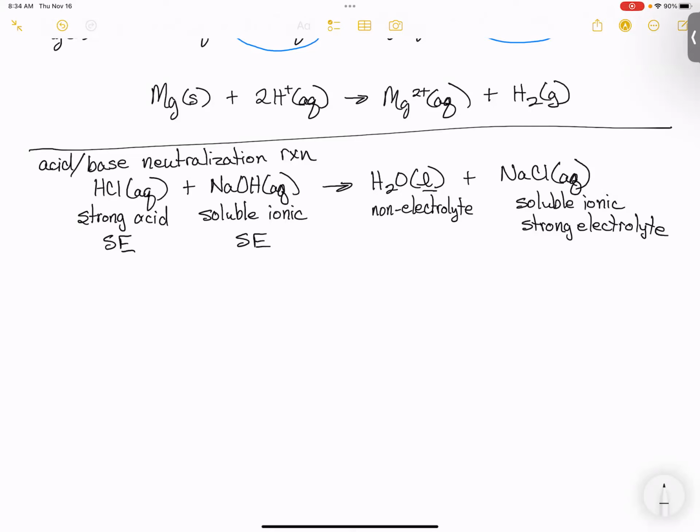Now, to get to the complete ionic, we have to break up everything but the water. Hydrochloric acid: the cation is hydrogen, the anion is chloride. The ions have the same state of matter as the parent. Sodium hydroxide was a strong electrolyte because it was a soluble ionic, so we're going to break it into its ions. Its ions are sodium plus and hydroxide minus.